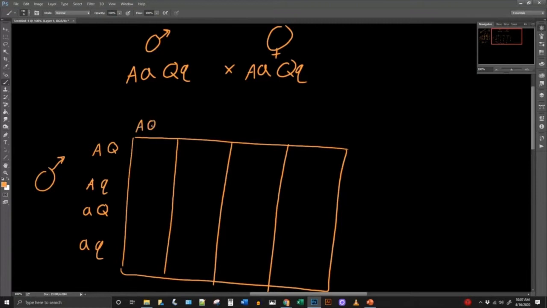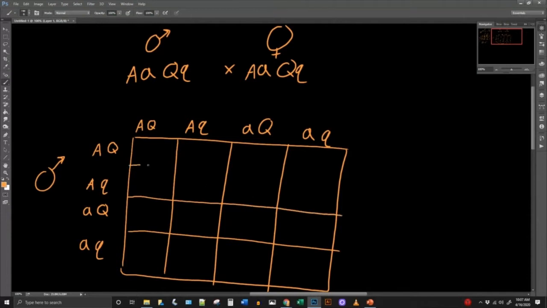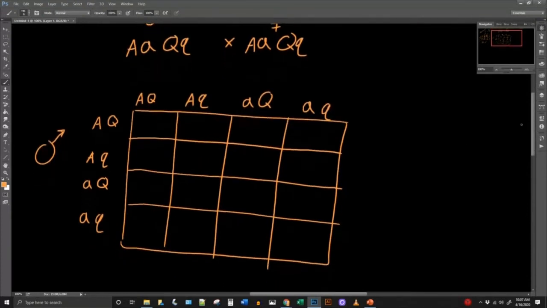Capital A, capital Q; capital A, lowercase q; lowercase a, capital Q; and lowercase a, lowercase q. That gives us a 16 square Punnett square. Now, if you want to really confirm this idea for yourself, you can go through and fill out every single genotype here.